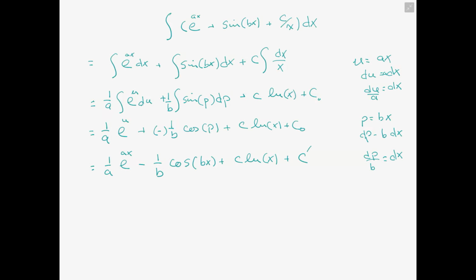We'll say c prime. And let's take a look at the answer. We got 1 on a e to the ax minus 1 over b cosine bx plus c ln x plus c prime. And that's our answer for this integral.